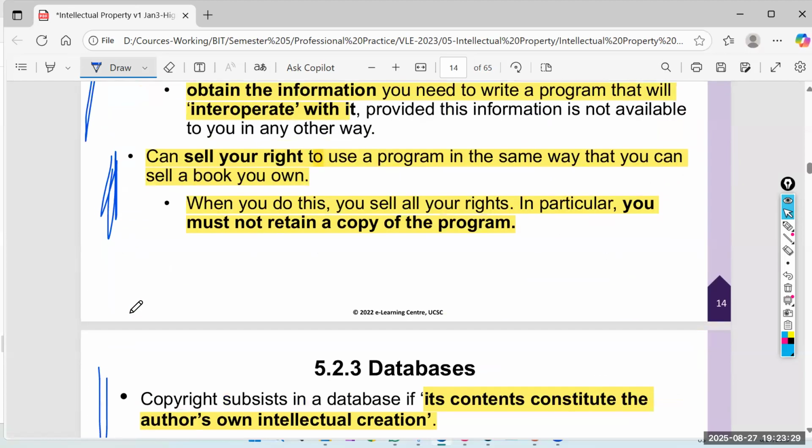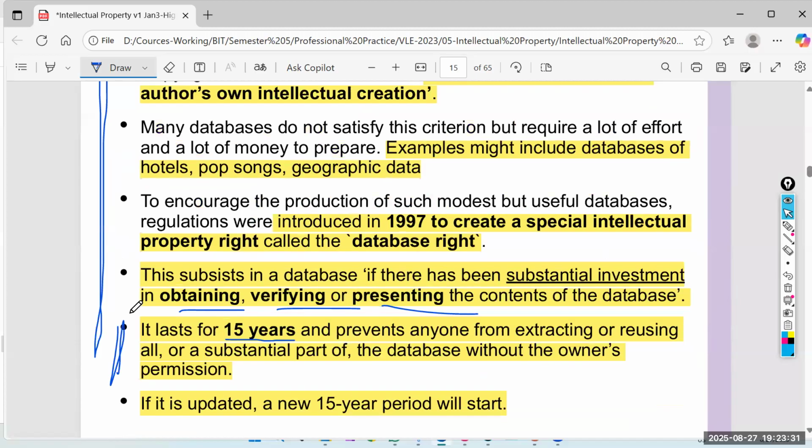But for databases, it is only about 15 years from creation. But if you make a considerable update to the database, it is extended for another 15 years. That means you have made considerable changes to your database, such as a dictionary, map, marketing information, and so on.